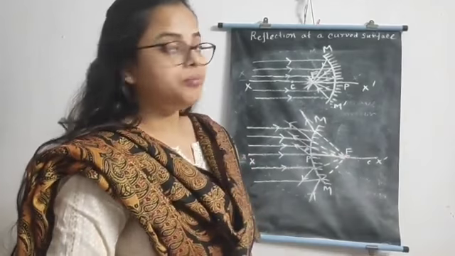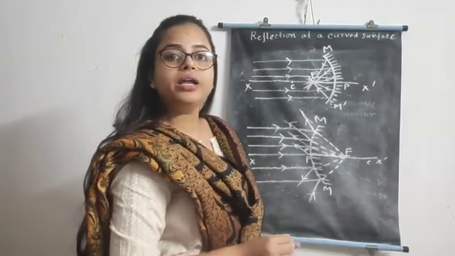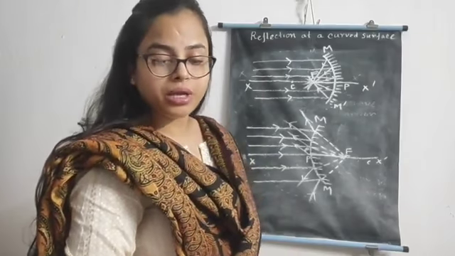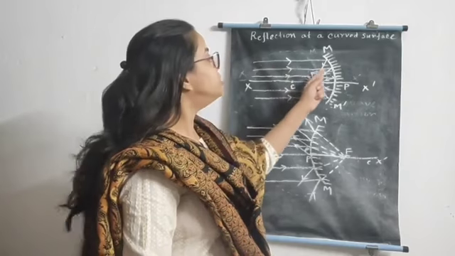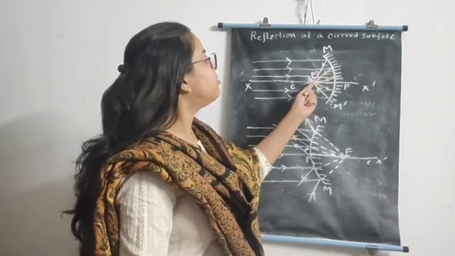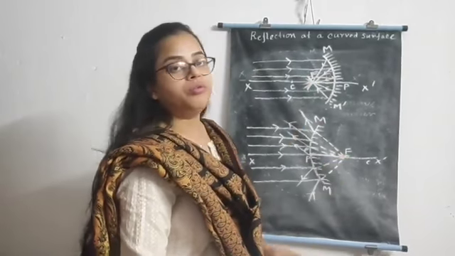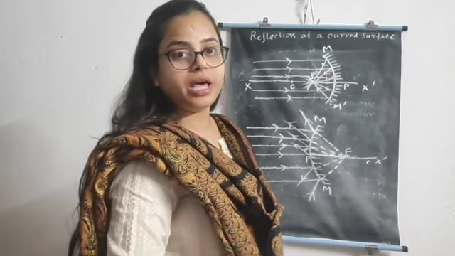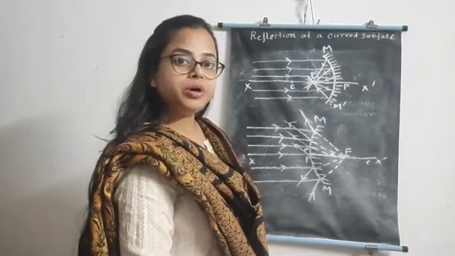How? When there is an object at infinite distance from the mirror, the parallel beam of light comes from the object, falls on the mirror and reflects back to a point F or appears to diverge from a point F. That is the image point.